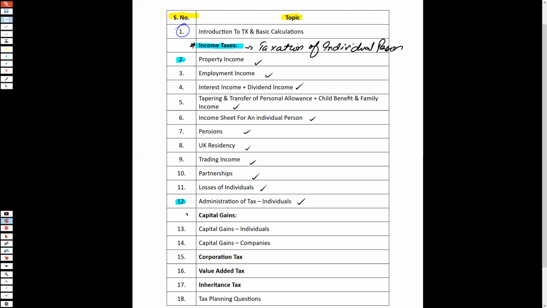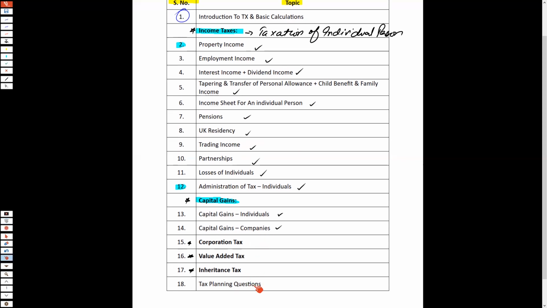Thereafter, the capital gains for companies and capital gains for individuals. These two are the subtopics in capital gains. Thereafter, the third area of corporation tax, then value added tax, then inheritance tax. Tax planning is not a chapter in the course.